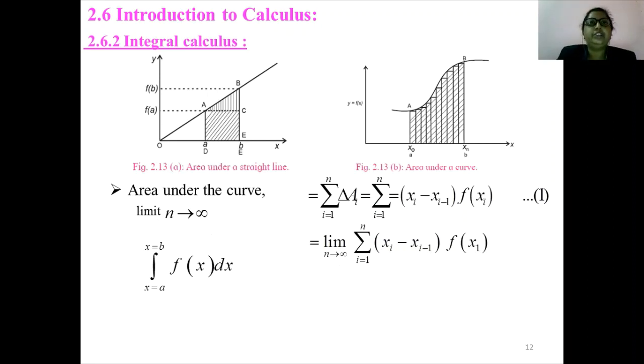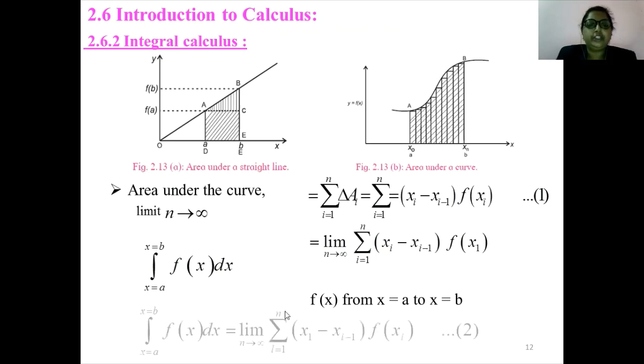So, integration helps us in getting the exact area if the change is really continuous, that is, n is really infinite. It is represented by this equation: integration from x equal to a to x equal to b of f of x dx, and it is called the definite integral of f of x from x equal to a to x equal to b.